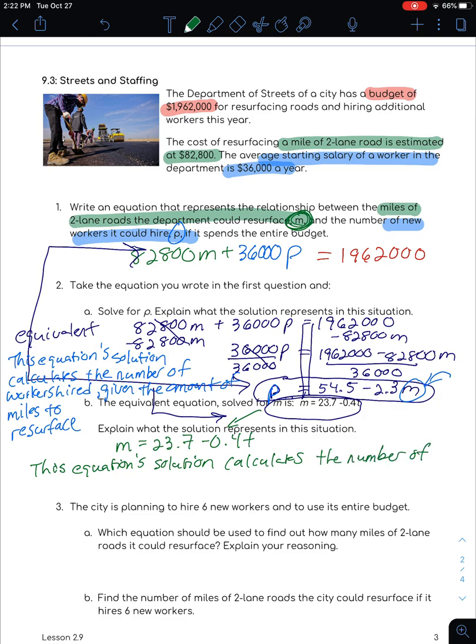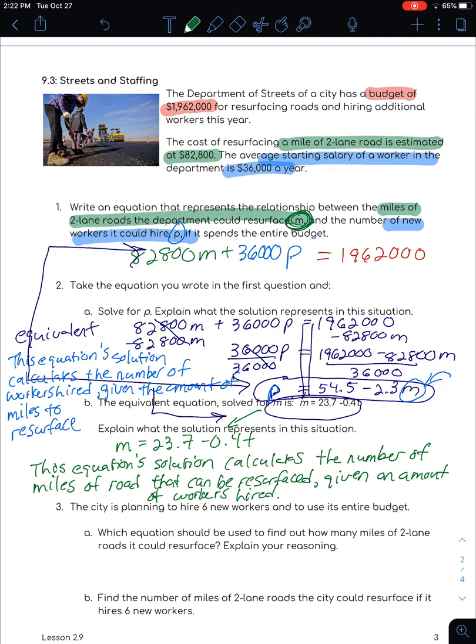So it calculates the number of miles of road that can be resurfaced given an amount of workers hired.